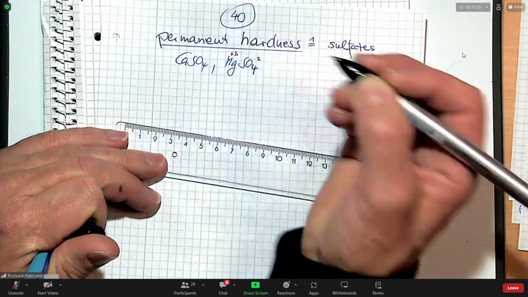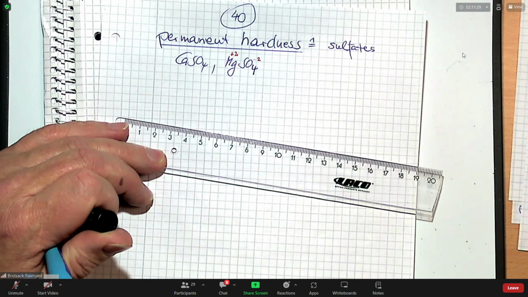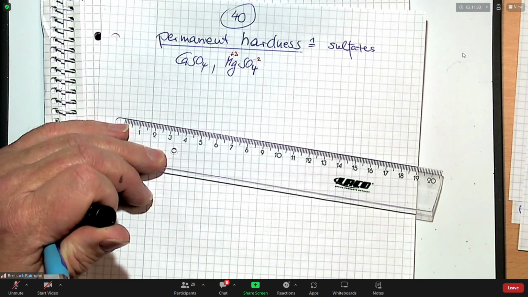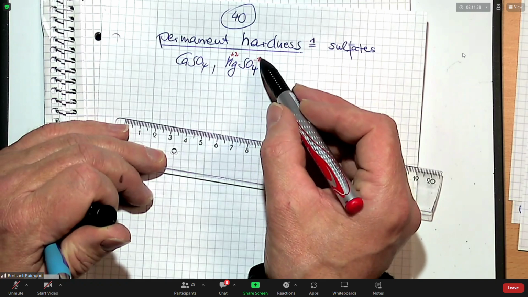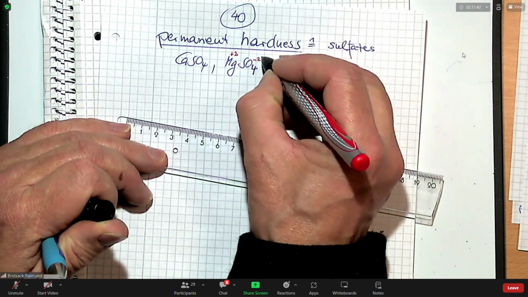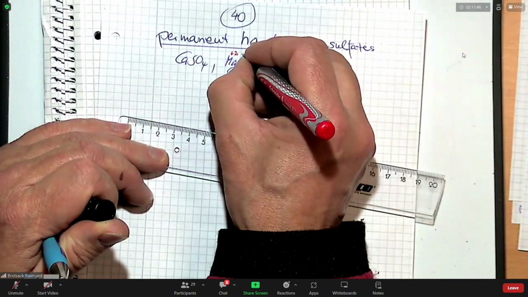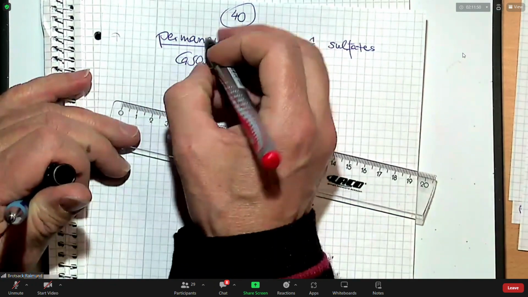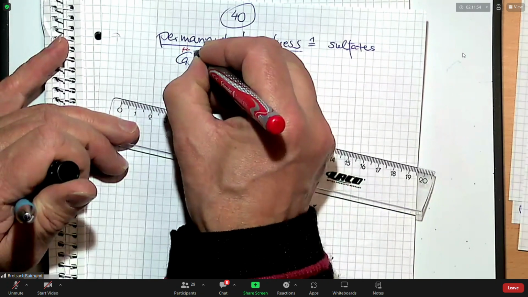So what is the oxidation number of the sulfur? Zero. -2 times 4 is -8. So here I have -8 and I have +2. So +6 must be. Please be careful. It's the same in here. +2, -2 times 4, +6 for the sulfur.